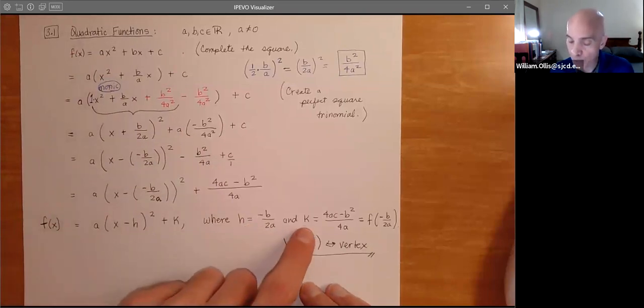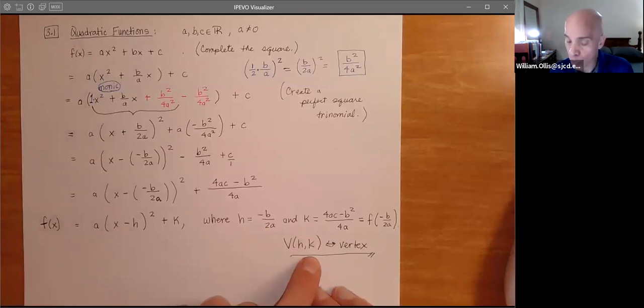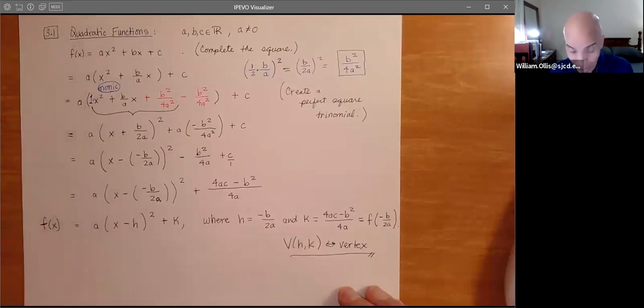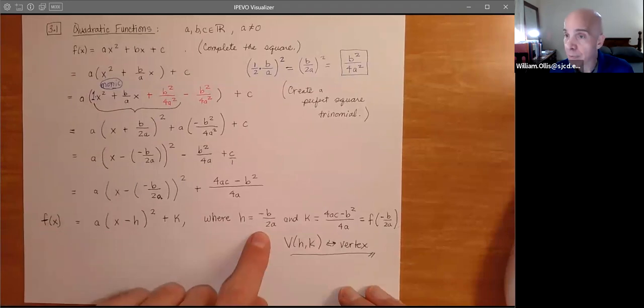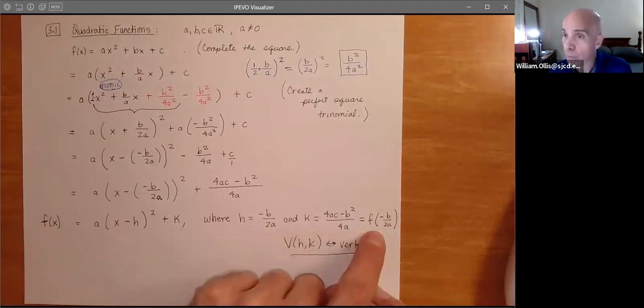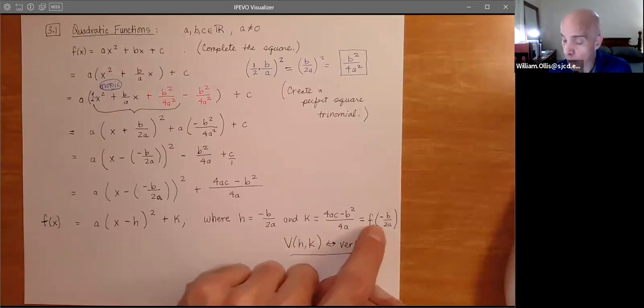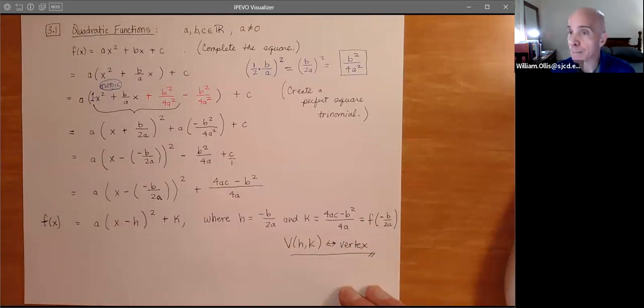And then I can find the y coordinate of the vertex by evaluating the function at the h that we just computed right here. So f of h, or f of minus b over 2a.